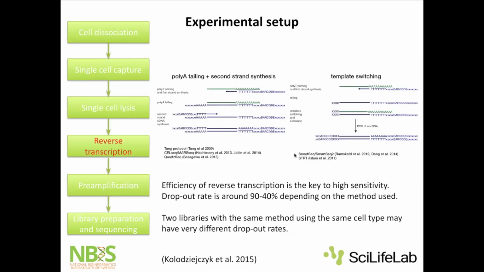Then, of course, at the reverse transcription, we lose a lot of the transcripts due to dropouts. It's also been shown in several experiments that for some reason, even though we have all our cells in different droplets, some droplets will have better efficiency in reverse transcription than other droplets, or some wells if we're doing any of these well-based methods. Really unclear why, but the reverse transcription efficiency seems to vary from library prep to prep.